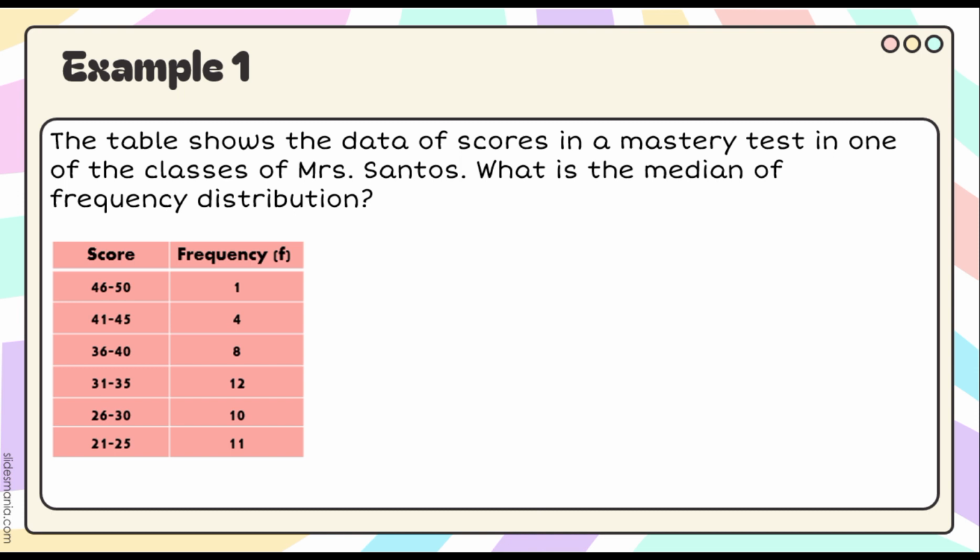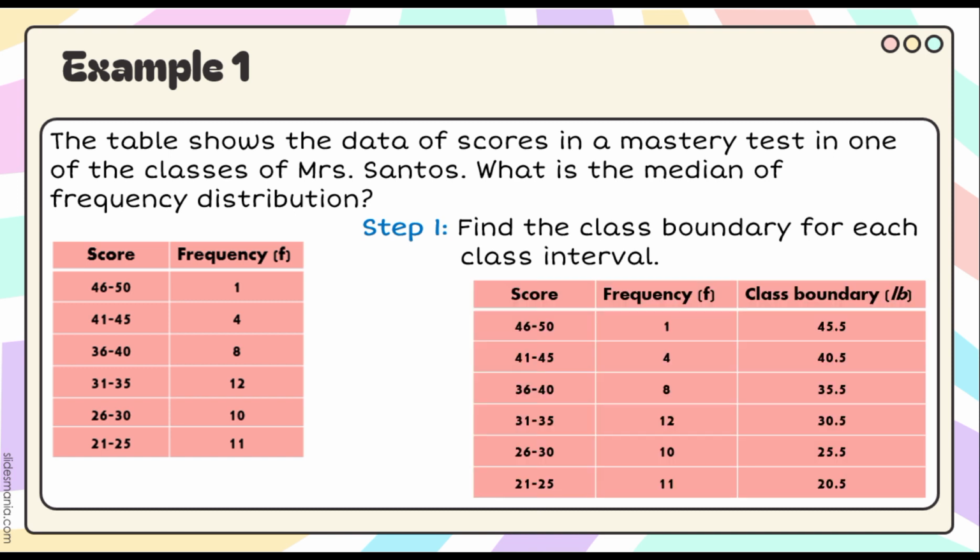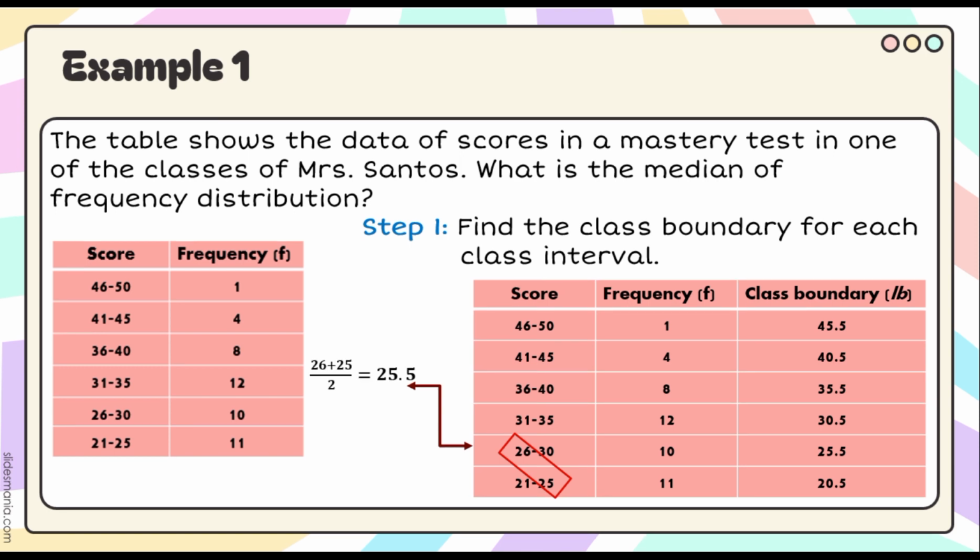Again, to solve for the median of group data, step 1, we have to find the class boundary for each class interval. I have already discussed this in our previous lesson. So 25 plus 26 divided by 2 is equal to 25.5. Put simply, to solve for the class boundary, we simply subtract 0.5 from our lower limit.